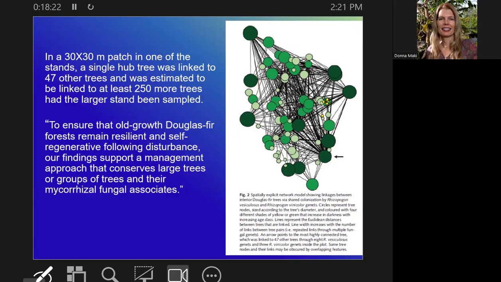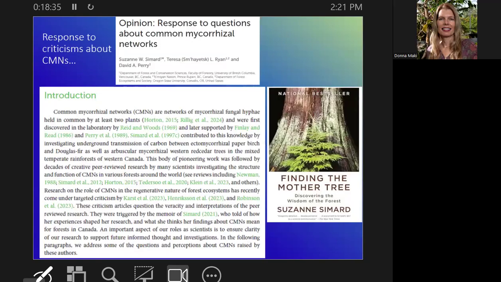So this common mycorrhizal network, the Wood Wide Web, that her group established in some very careful research, was met with a lot of criticism. Several scientists criticized that, saying no, this really can't be happening to that extent.